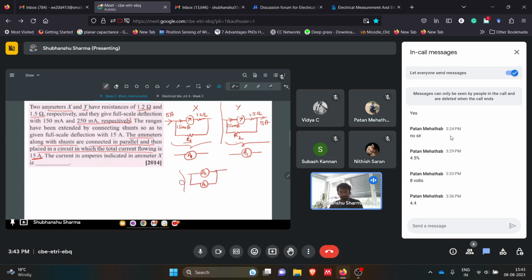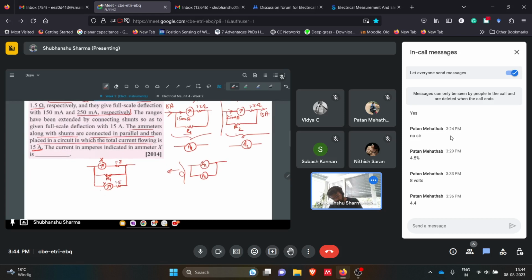If we expand this circuit, we will get ammeter 1 having an internal 1.2 ohm resistance with a shunt of R1. This is A1, this is X. Then we have another, A2, this is Y, with internal resistance 1.5 and R2 as its shunt resistance. So if we expand this, it looks like this.